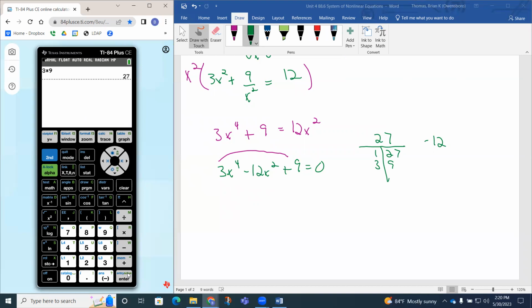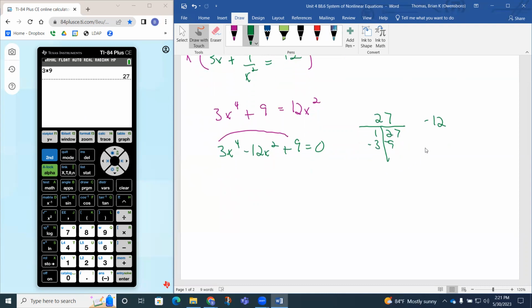That is 27. And notice that if I make those both negative, a -3 times a -9 is still a positive 27, but a -3 and a -9 add to -12. So using quadratic notation, what squared gives me x to the fourth would be x squared.